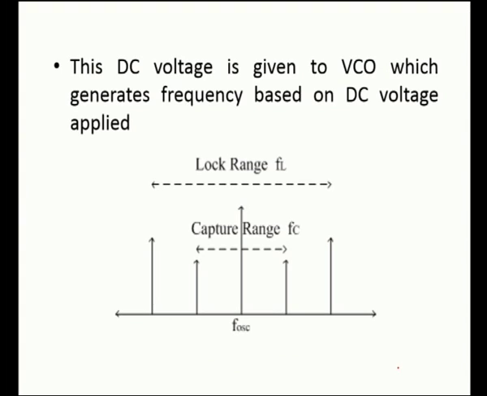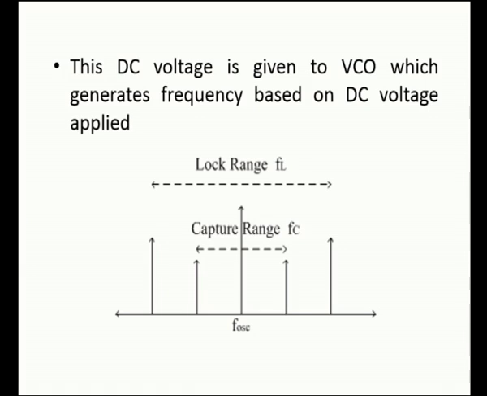Here we need to see 2 different things: the lock range of the PLL and the capture range of the PLL. There is an oscillating frequency, the free running frequency of the VCO. You can provide any input signal for the PLL to capture.